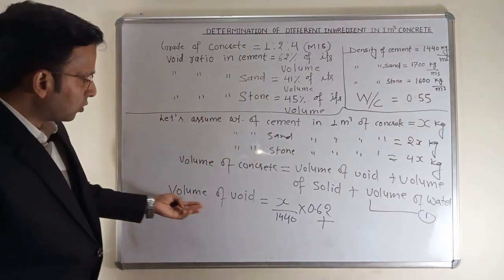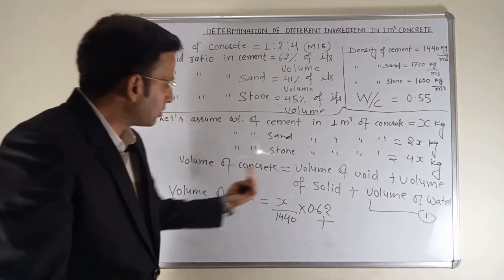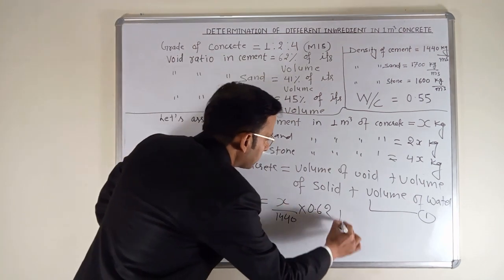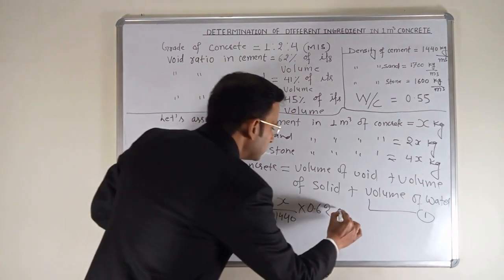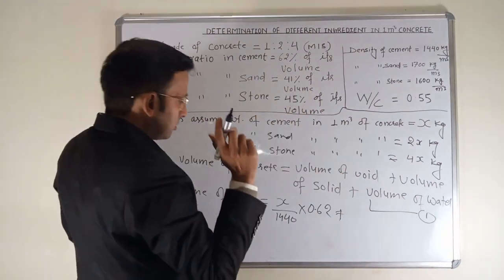So we are calculating the total volume of voids: 62% of cement and 41% of sand.